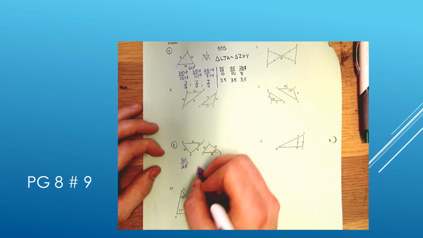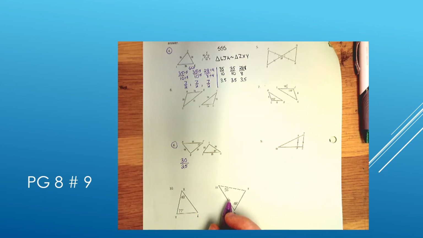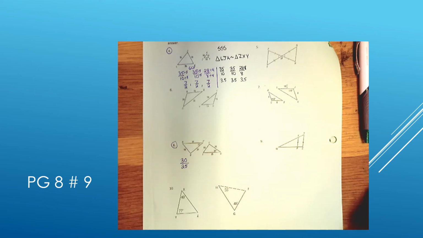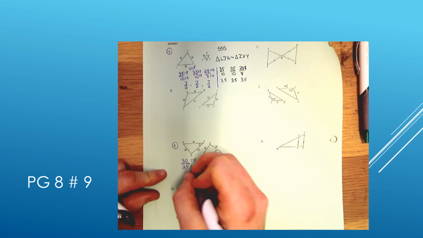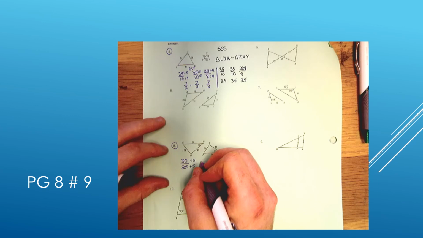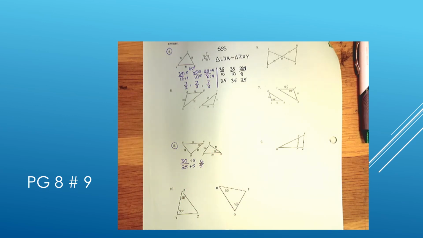Now, when I do this, I want to do my GCF. The GCF for this one would be to divide it by 5. So when I divide each one by 5, I get 6 over 5. So that means the rest of the sides would also have to have this ratio for it to be similar.